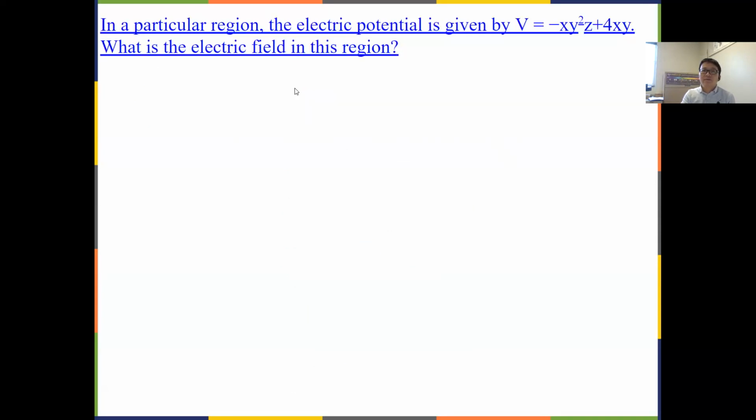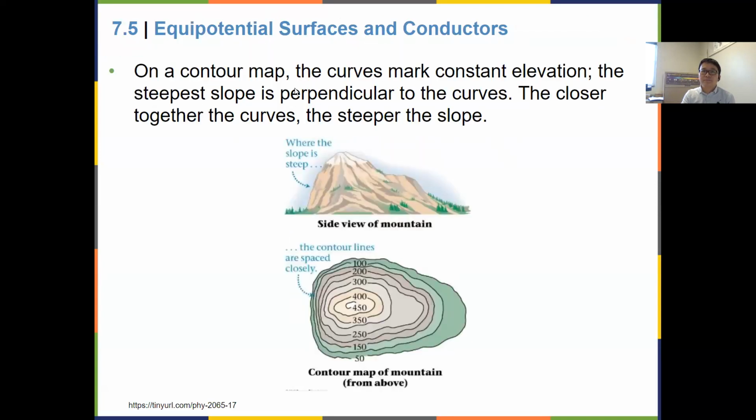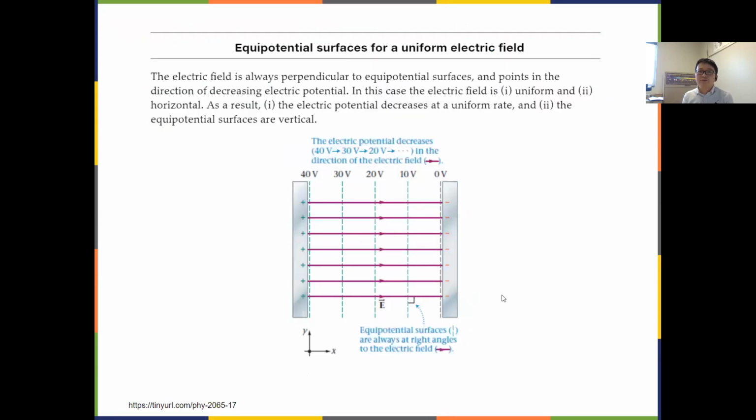When you have a contour map, we know that any point on the same contour is on an equipotential line. Similarly here for the equipotential surface of a uniform electric field, in this case the two plates, you can expect a surface if you cut in that direction. Those dashed lines are the equipotential surfaces.